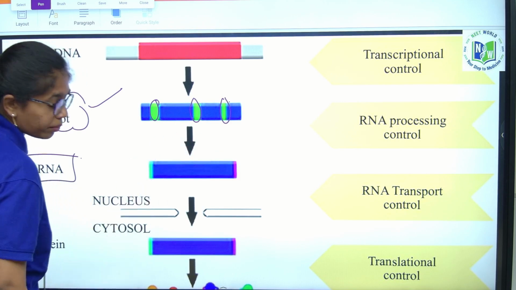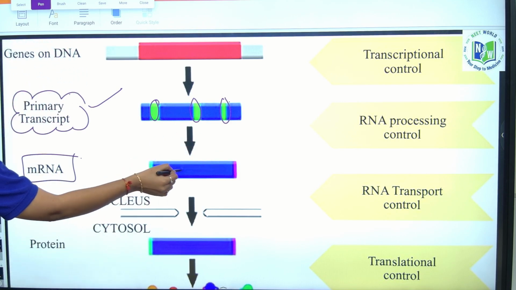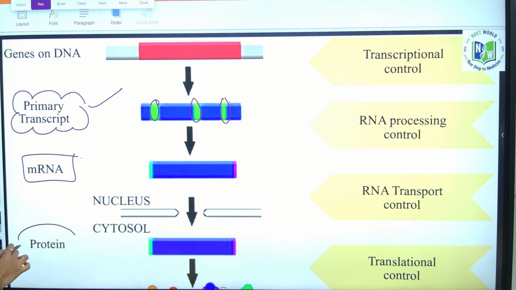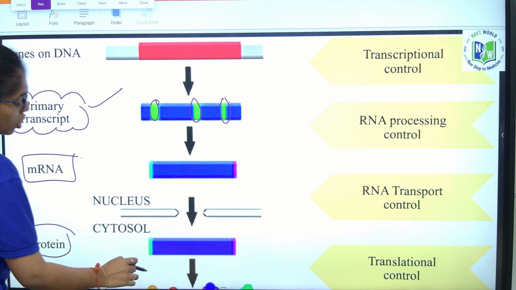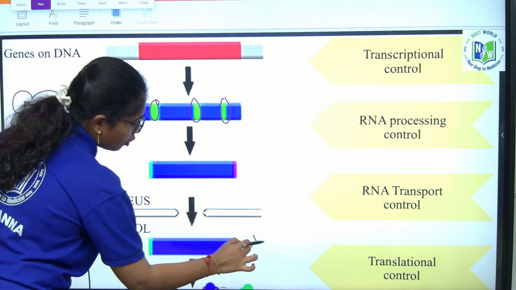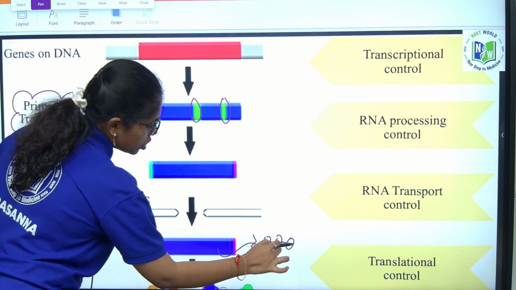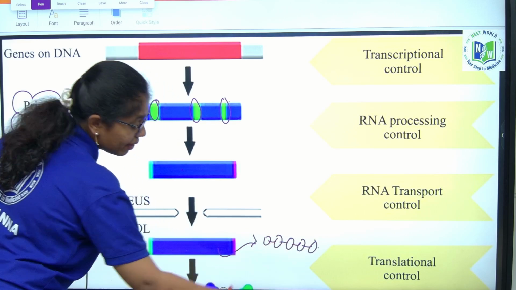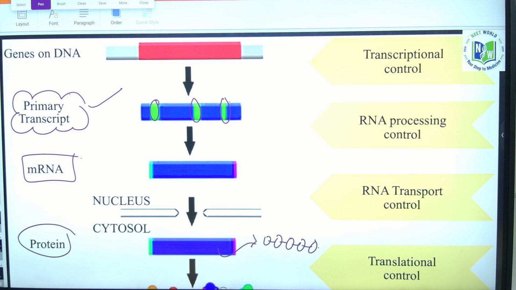Even at this time the gene is expressed. From nucleus to cytoplasm it is transferred. Even at this time it is expressed. And finally at the formation of proteins, a protein chain, even at this level the gene is expressed. So this is the gist of gene regulation in eukaryotes.